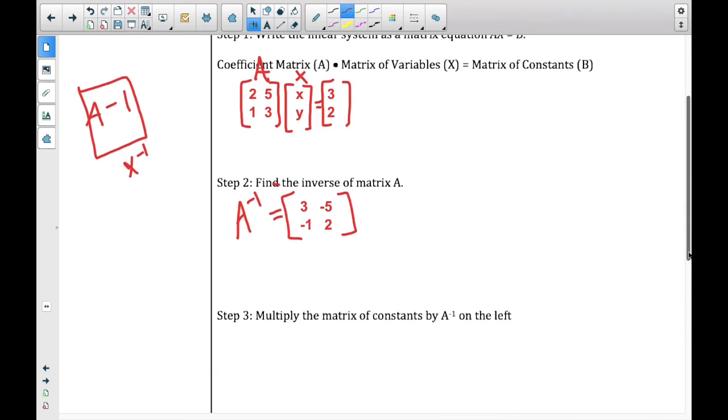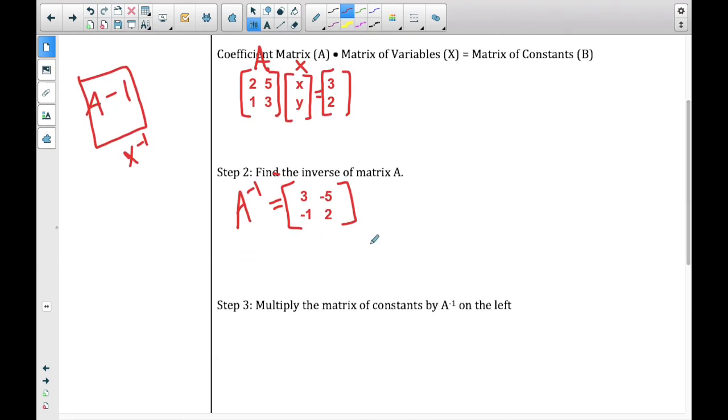And again, the reason for that is what we were just doing a second ago. That's going to help us solve an equation. Here we have basically an equation. This is going to help us solve this equation. Because now what we're going to do is multiply that matrix of constants by A to the negative 1 on the left.